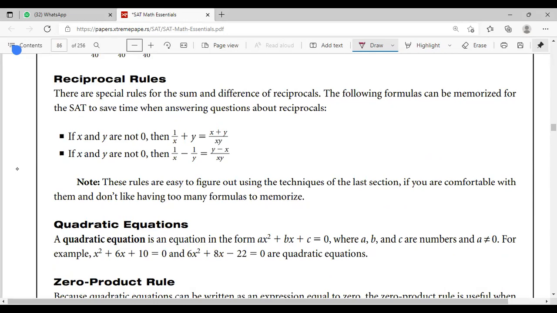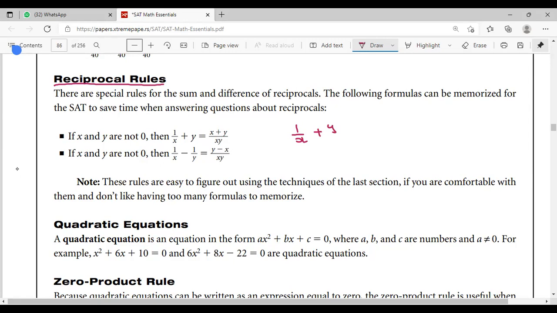Now we have reciprocal rules. There are special rules for the sum and difference of reciprocals. The following formulas can be memorized for the SAT to save time when answering questions about reciprocals. Now we have 1 by x plus y, and you need to make it look like a single fraction, right?